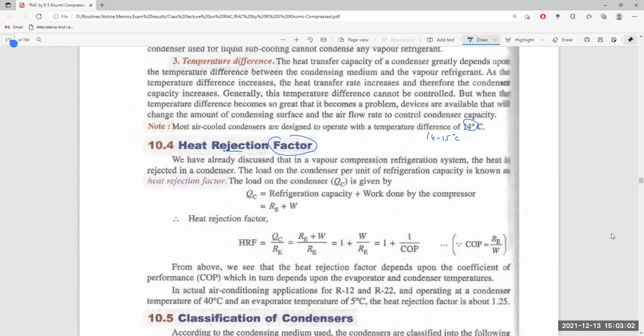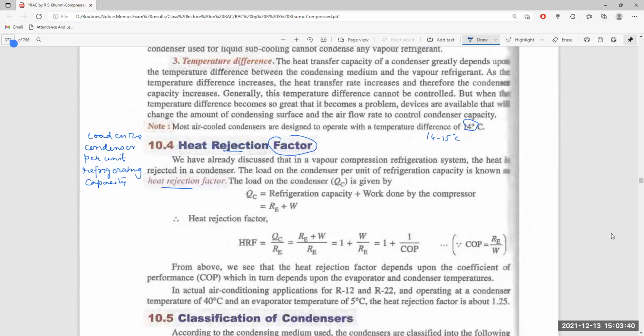So the load on the condenser per unit of refrigerating capacity is defined as the heat rejection factor.